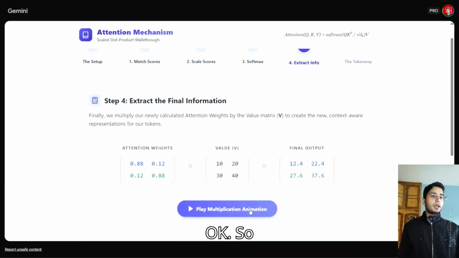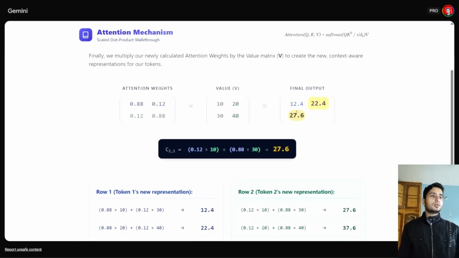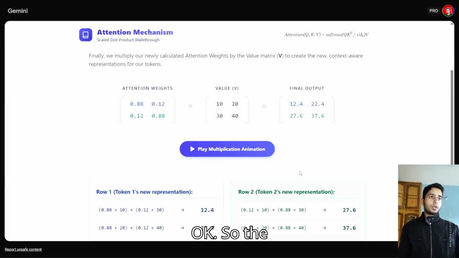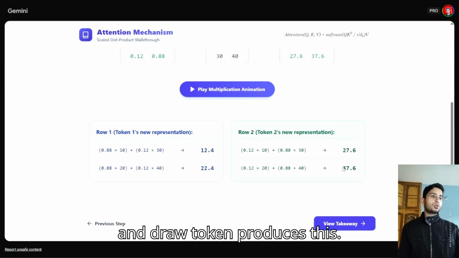Again, it's just a normal matrix multiplication, and we get this final output. So row 1 token produces this, and the row 2 token produces this.